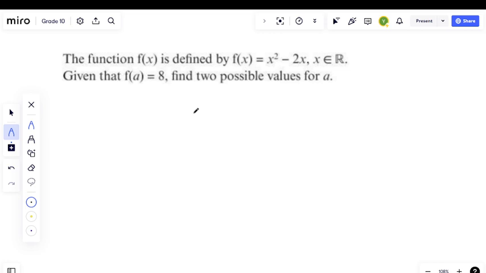Banyak yang bingung karena can be because you don't pay fully attention during the junior high schools, or they don't give enough exercise, nggak cukup banyak dikasih latihan. Okay, f(x) is x squared minus 2x, and given that f(a) is 8, find two possible values for a. Let's ignore about this part first, kita jangan hiraukan yang itu dulu.